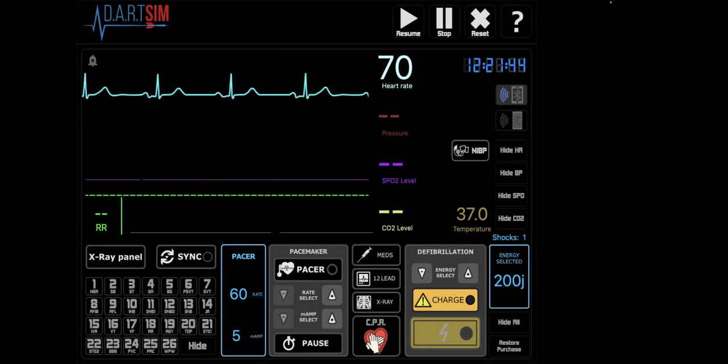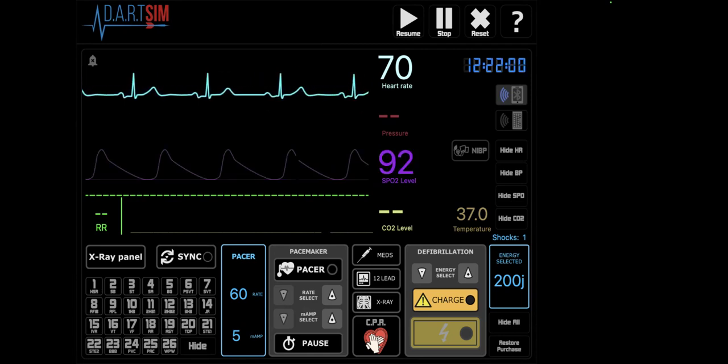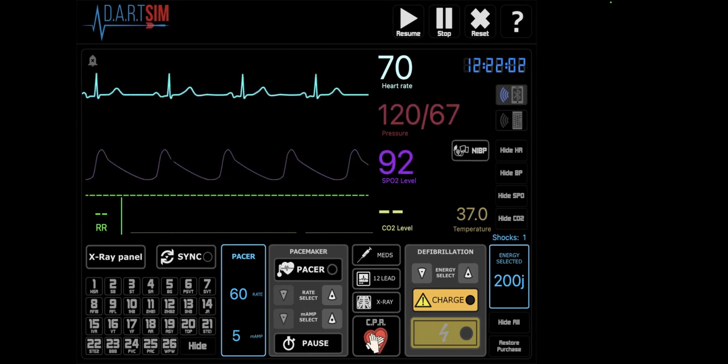When we have a change in rhythm, we immediately do a pulse check. This patient has a pulse. And we would immediately do a blood pressure. His stat has come back. So we were able to defibrillate that torsade de pointe.